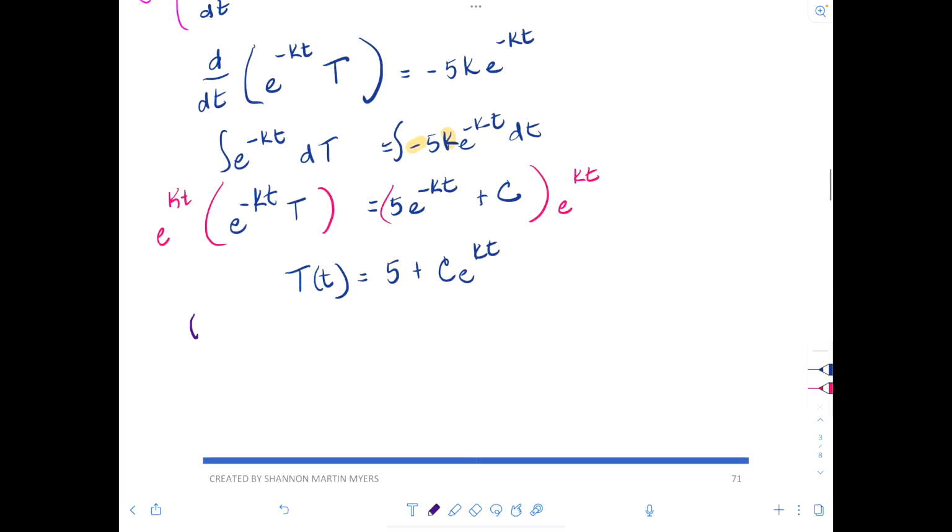So we have an ordered pair at (1, 55), which means that T at 1 equals 55. So we can set that up as 55 equals 5 plus C e to the K times 1.